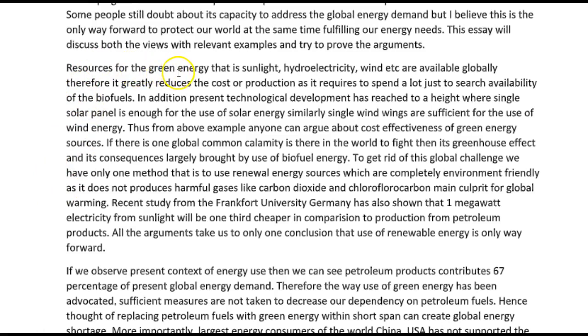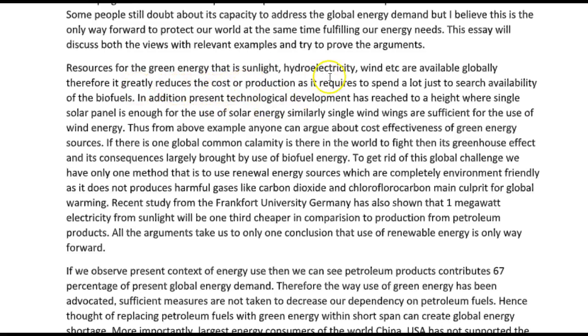Resources for green energy, which include sunlight, hydroelectricity, and wind, are available globally. Therefore, it greatly reduces the cost of production as they only require, I don't know how to say this, they only require I can't really fix this, can I?